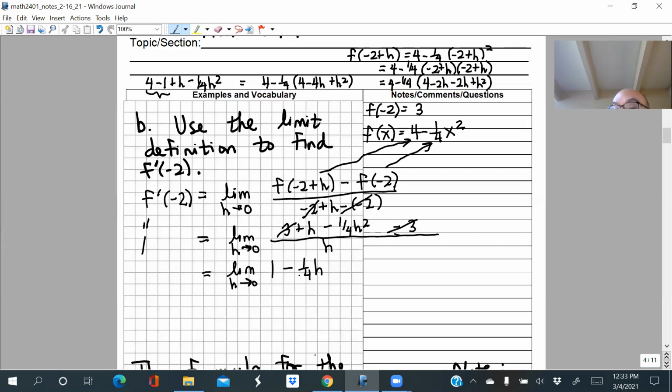And just like before, what happens then? As h gets really, really small, what's going to happen to this quantity, 1 minus 1/4 h? So help me with that.